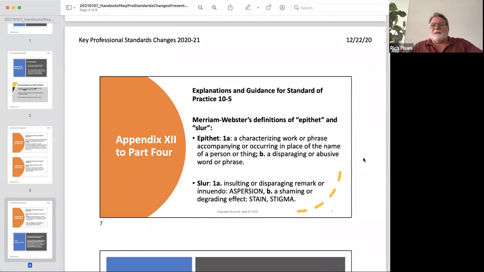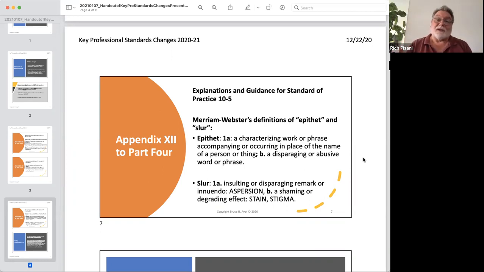The definition of an epithet: a characterizing word or phrase accompanying or occurring in place of the name of a person or thing; a disparaging or abusive word or phrase. I don't have to say what these things are.